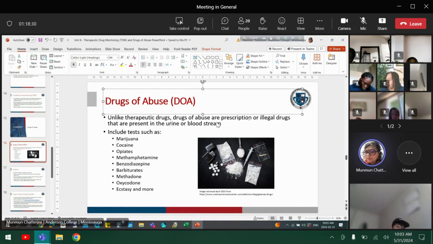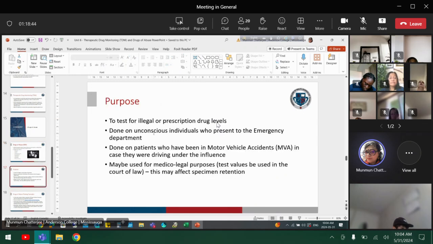Marijuana, cocaine, opiates, methamphetamine, benzodiazepine, barbiturates, methadone, oxycodone, ecstasy, and more. The purpose is they can ask for a test of illegal or prescription drug levels on an unconscious individual who presents to the emergency department.